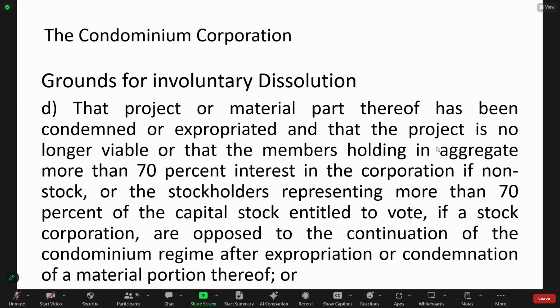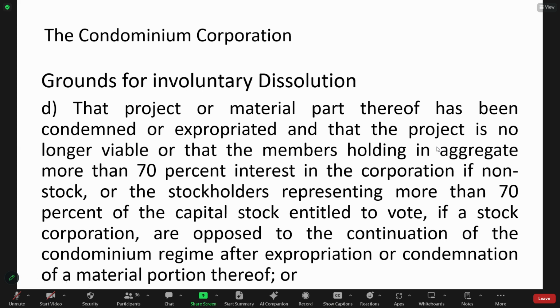Letter D, someone read. Miss Santiago. Grounds for involuntary dissolution.